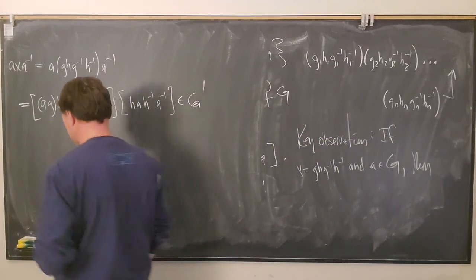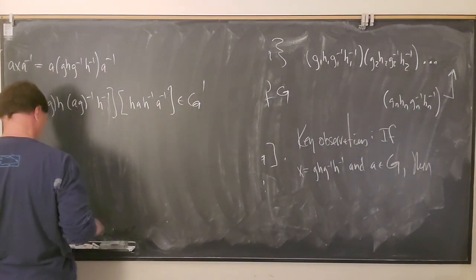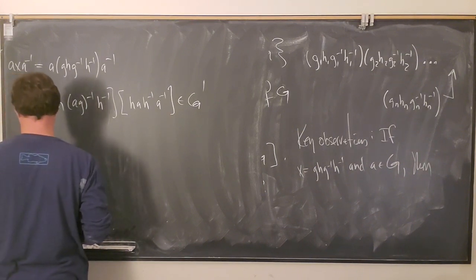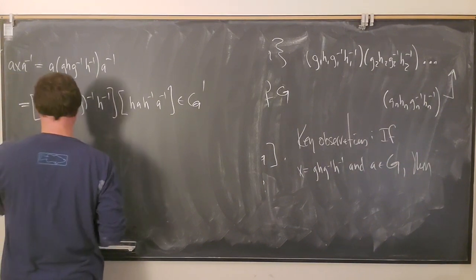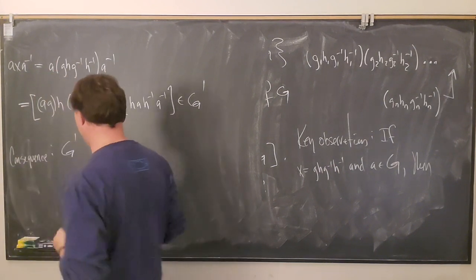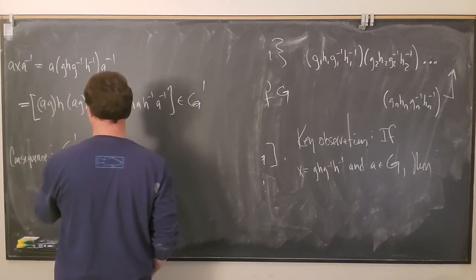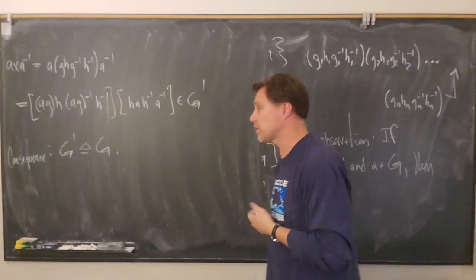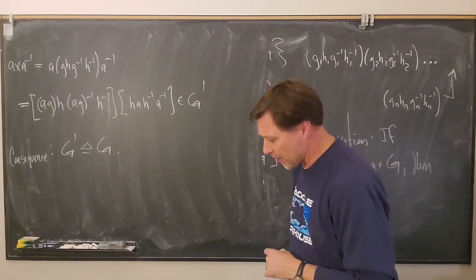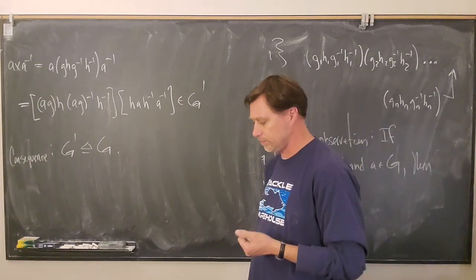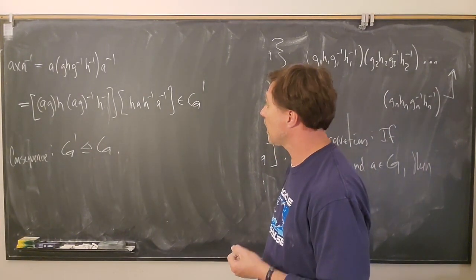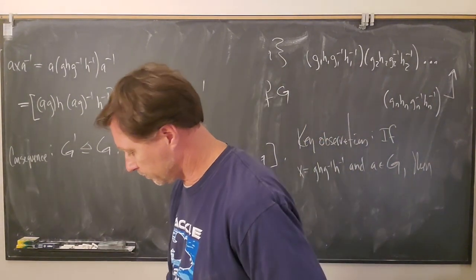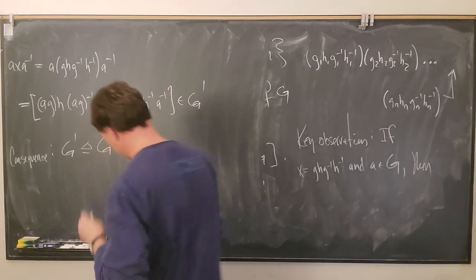As a consequence, and I'll leave this as an exercise, you can use this fact right here: G prime is a normal subgroup of G. The commutator subgroup is always a normal subgroup of G, and that's interesting for this reason. Now we can form the quotient, and this quotient has a name.